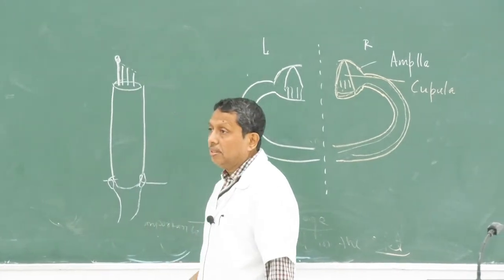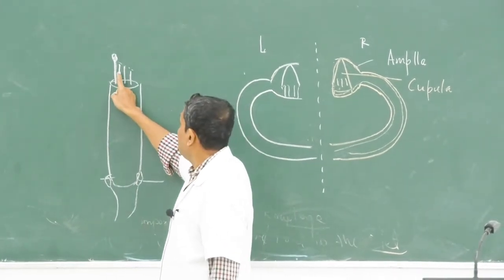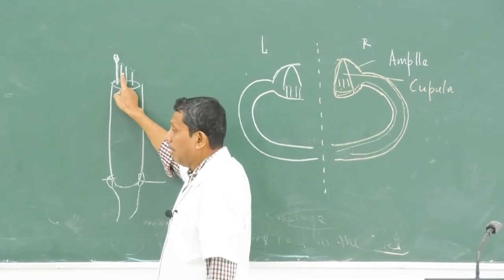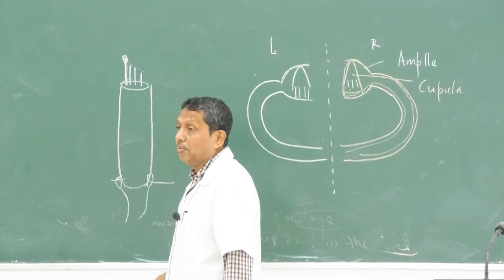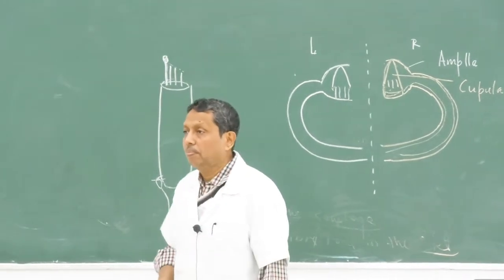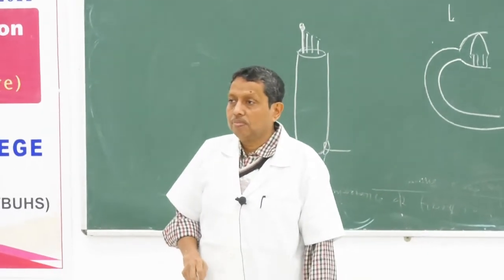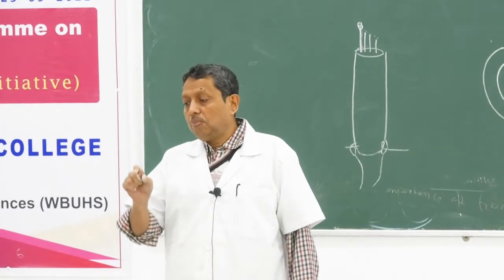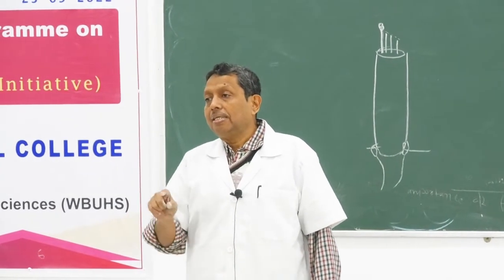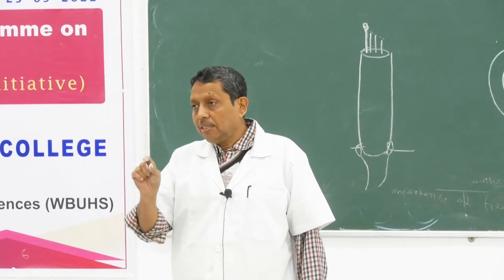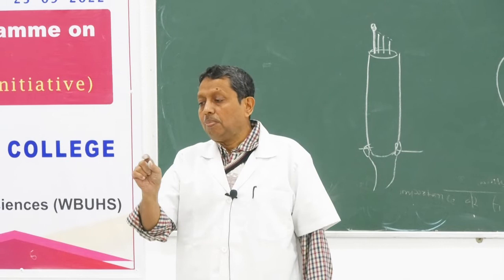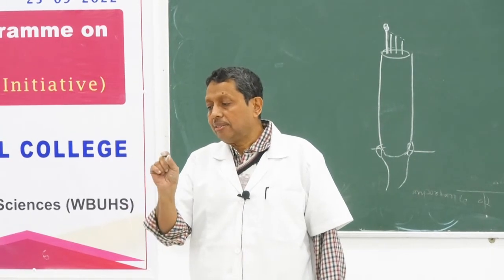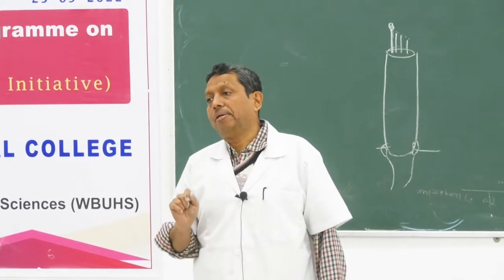Gradually there are the long stereocilia, then the shorter stereocilia, and it is called the kinocilium, a true cilium. True cilium means it has central and peripheral structures: peripheral 9 doublets and centrally 1 doublet.